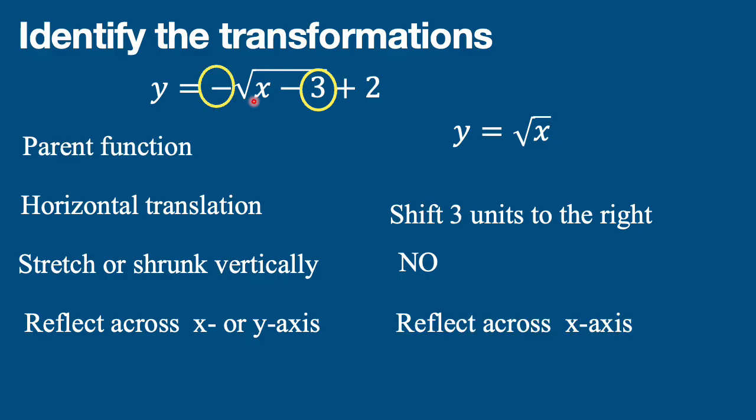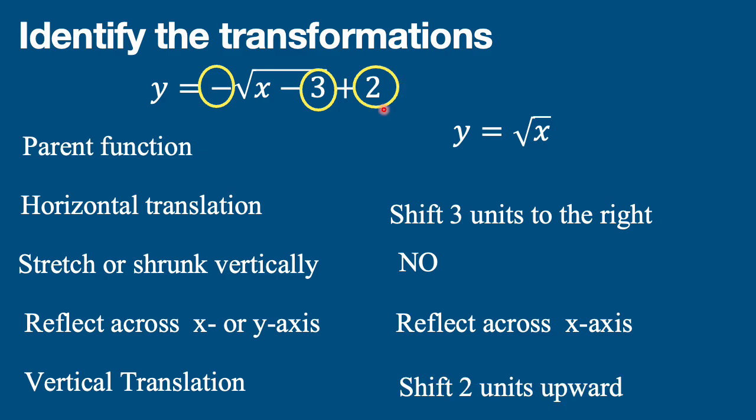Guys, make sense? You have one more to go. That's the vertical translation. You have 2 outside of the square root function, which means the k value is positive. Let's move 2 units upward. That's how you figure out the transformations from the parent function.